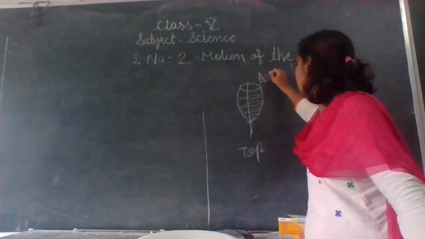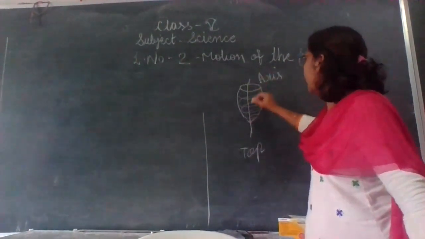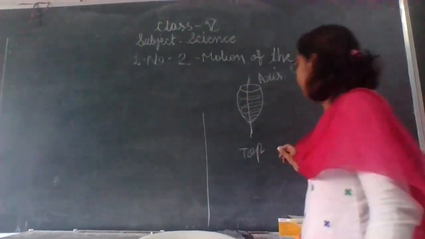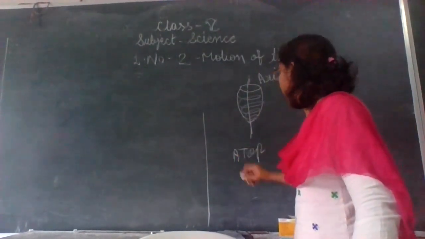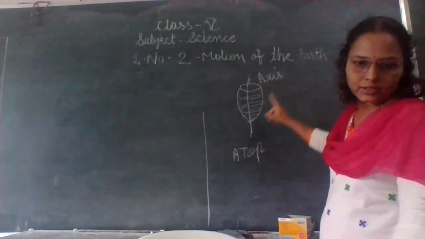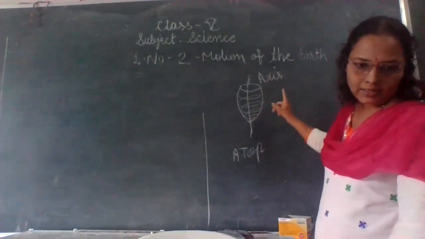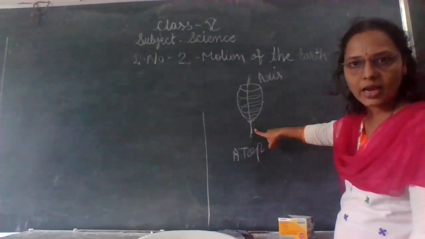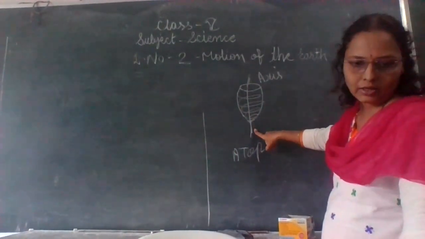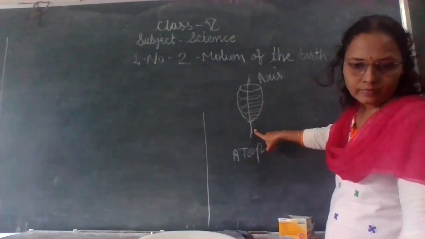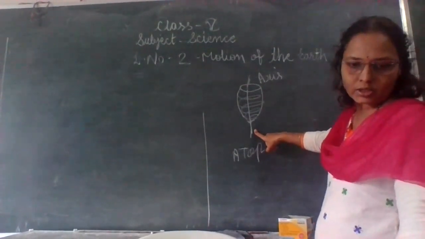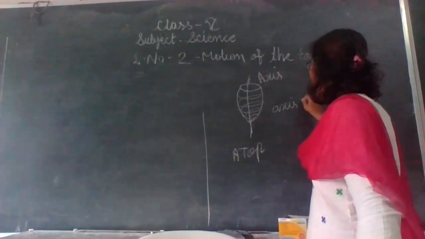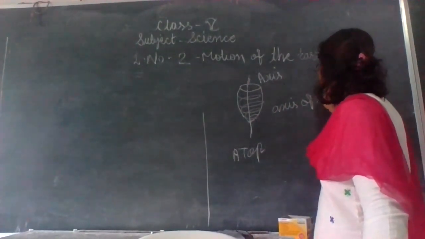This is the axis of the top. It rotates around its axis. It is an imaginary line, and the line around which it rotates is called the axis of rotation.